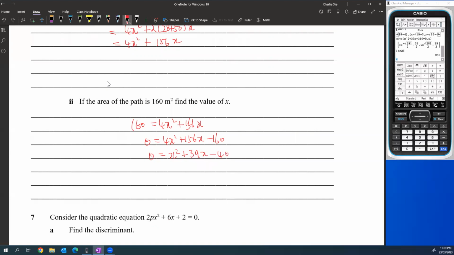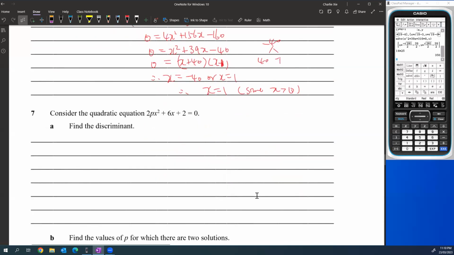Okay, that's much easier because negative 40 is 40 times negative 1. So x plus 40 and x minus 1. Therefore, x should be equal to negative 40 or x equals 1. But since x is the width, it cannot be negative, so x equals 1 since x is greater than 0. All right, that's question 6.